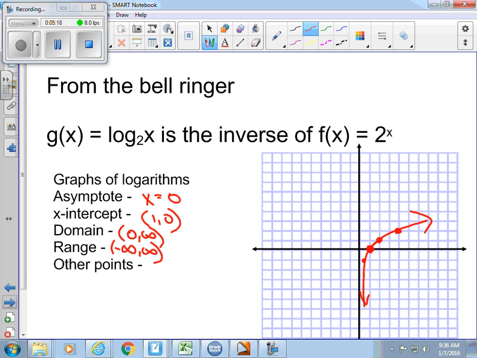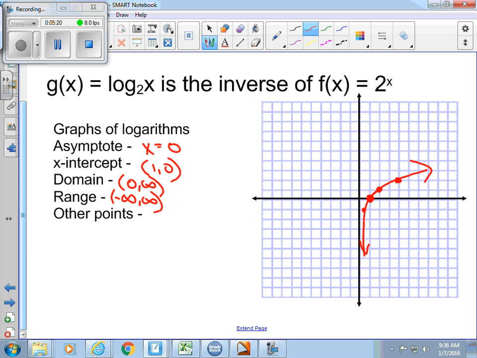And well, what are some other points we can plot? 0, 1 is on an exponential, so 1, 0 is on a logarithm, right? Remember, negative 1 and 1 over the base was on an exponential, right? So wouldn't 1 over the base, negative 1, be on every logarithm?